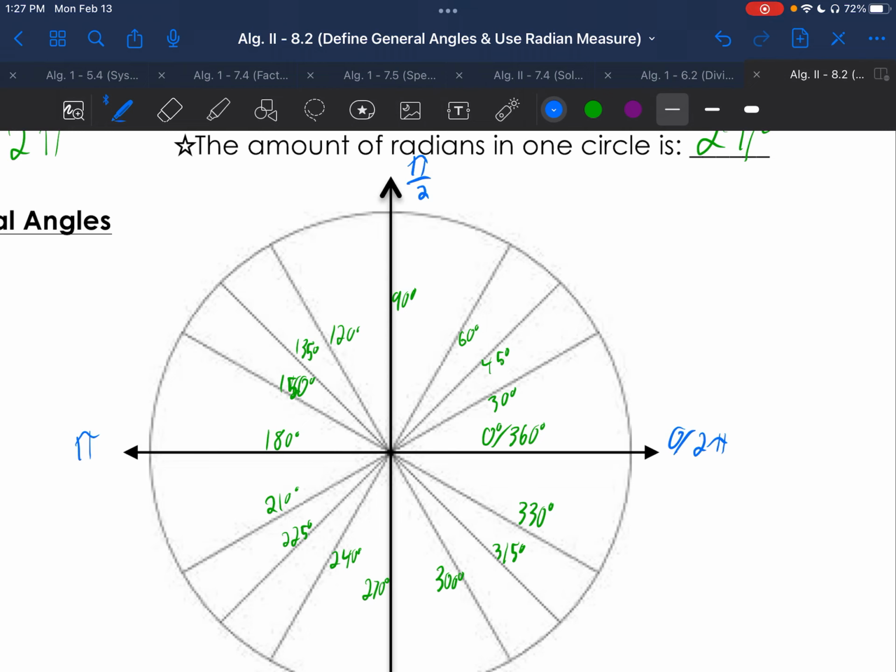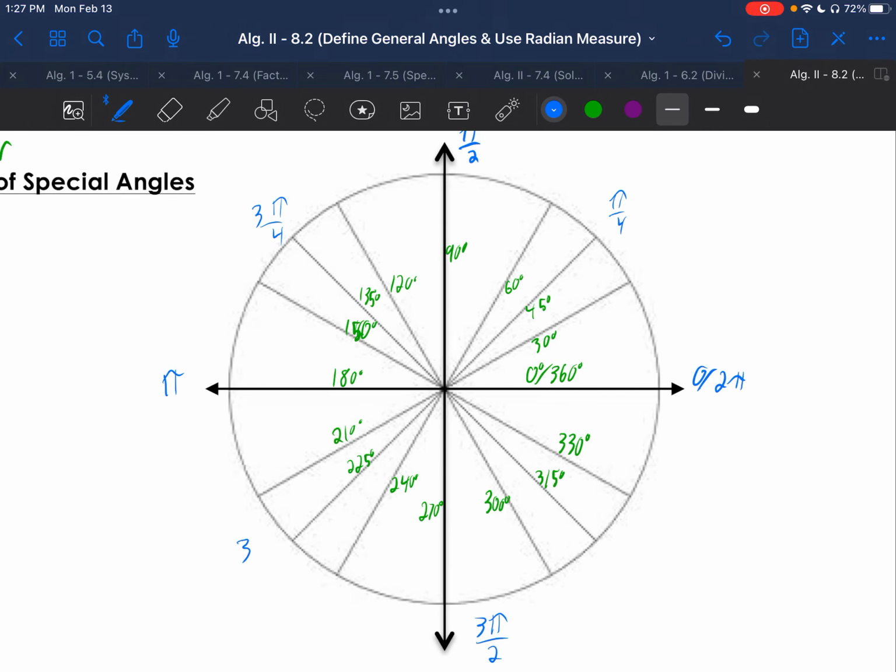If you go between 0 and pi over 2, halfway there would be pi over 4, because 2/4 from here to here and from here to here would make a half. Then this would be 3 pi over 4, because it's halfway between pi over 2 and pi. And this would be 5 pi over 4, because it's halfway between pi and 3 pi over 2. And this is 7 pi over 4, once again halfway between 3 pi over 2 and 2 pi.